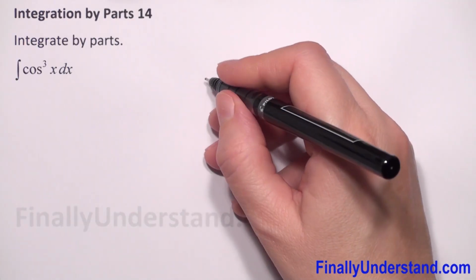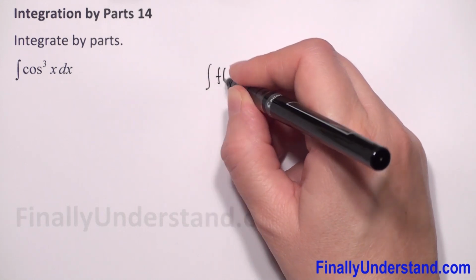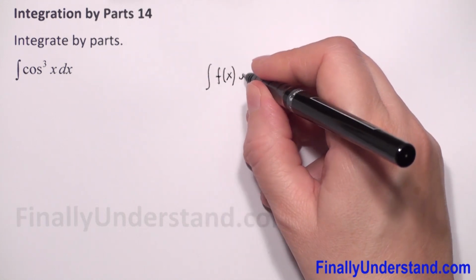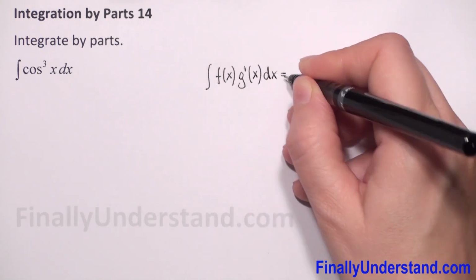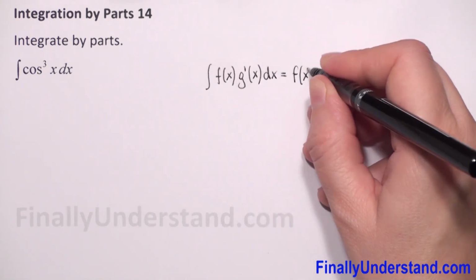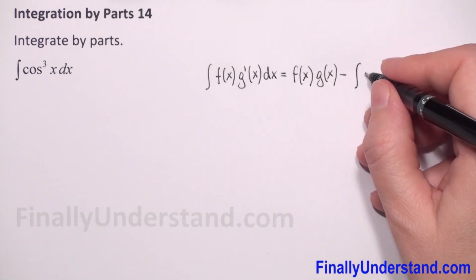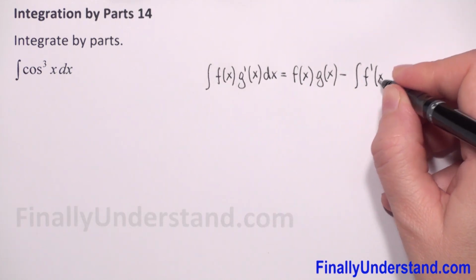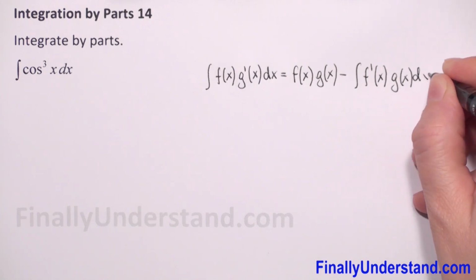We need to use the formula for integration by parts. First let me remind you this formula. When we have integral of f of x times g prime of x with respect to x, this is equal f of x times g of x minus integral of f prime of x times g of x with respect to x.